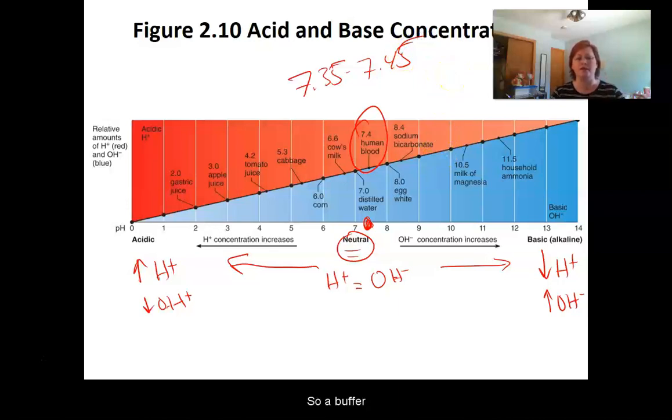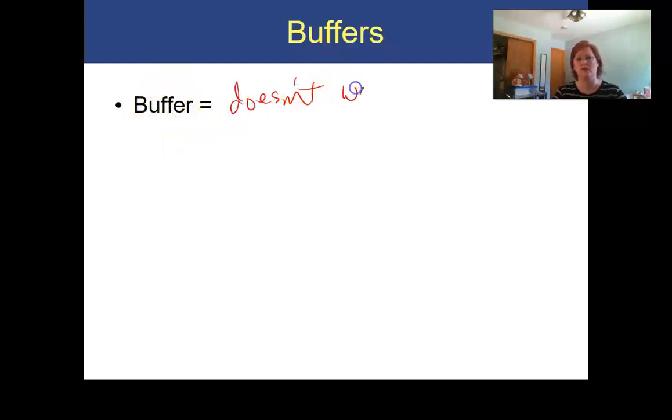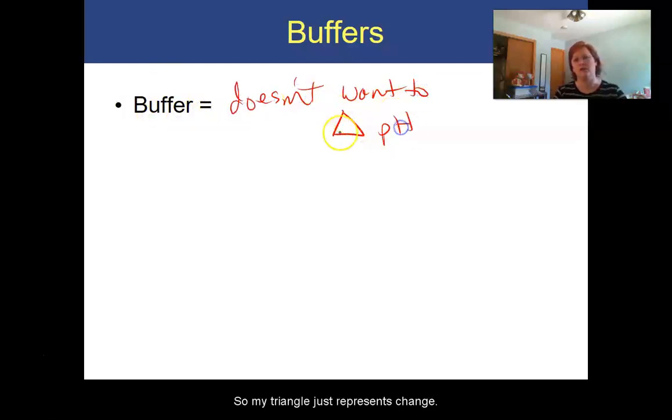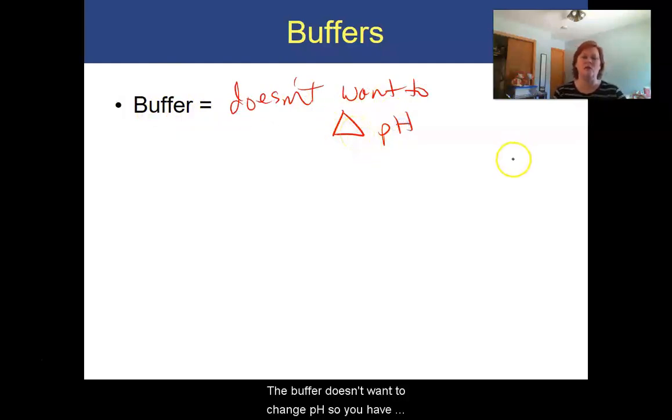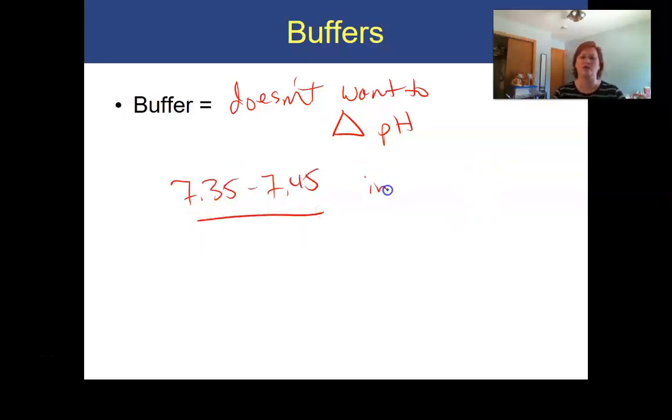A buffer is something that really doesn't want to change pH. My triangle just represents change. So the buffer doesn't want to change pH.